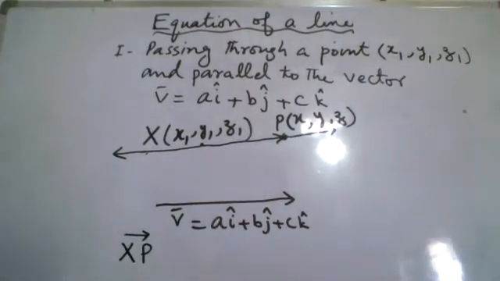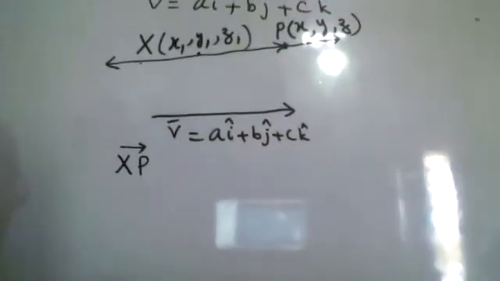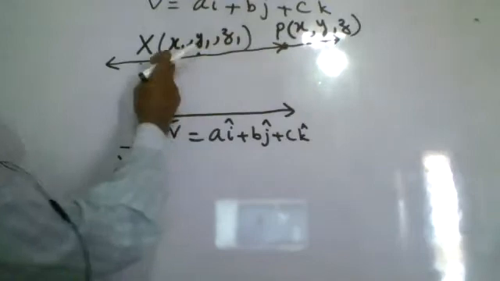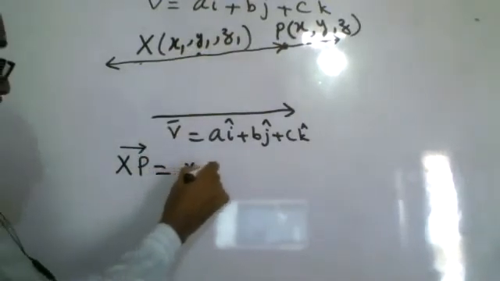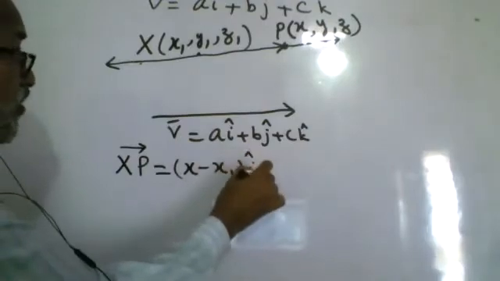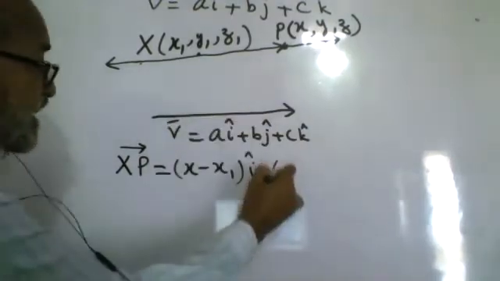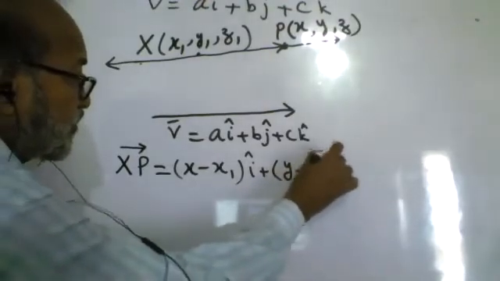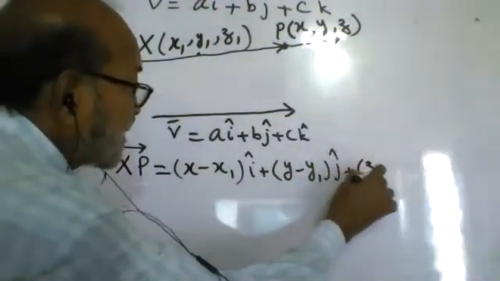So how to find XP? XP will be equal to x minus x1 i plus y minus y1 j plus z minus z1 k.